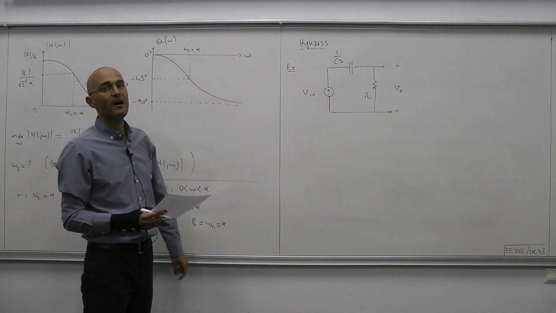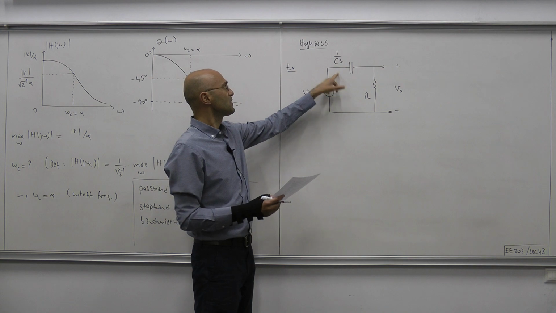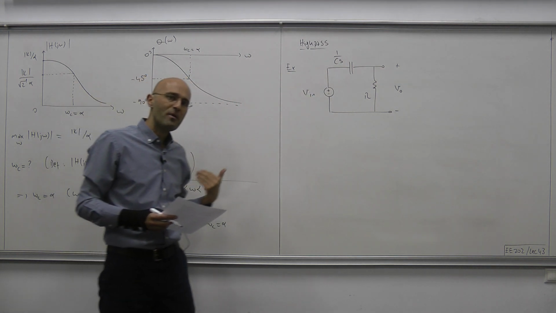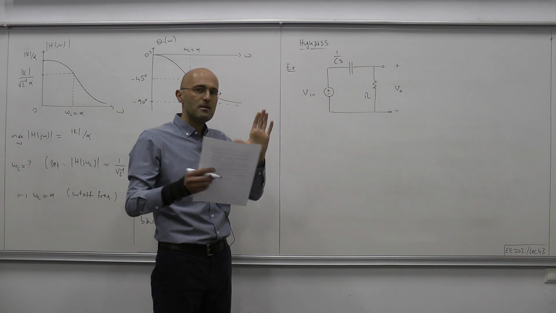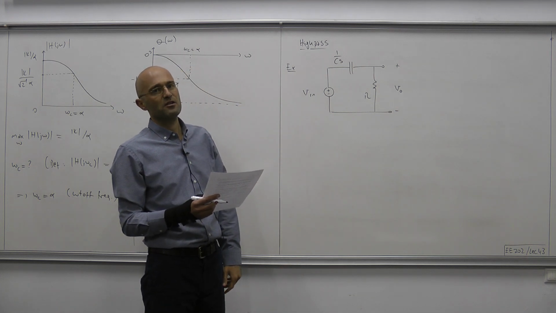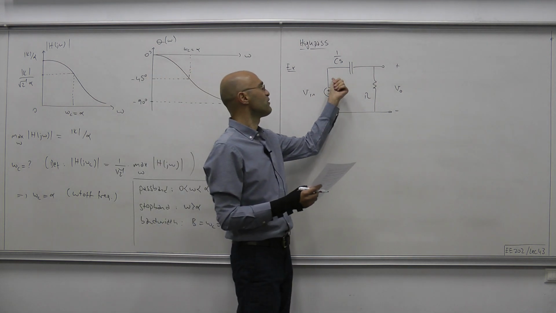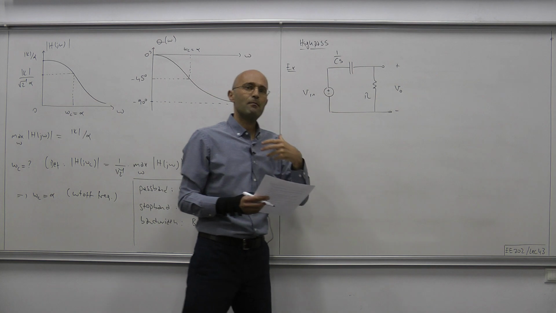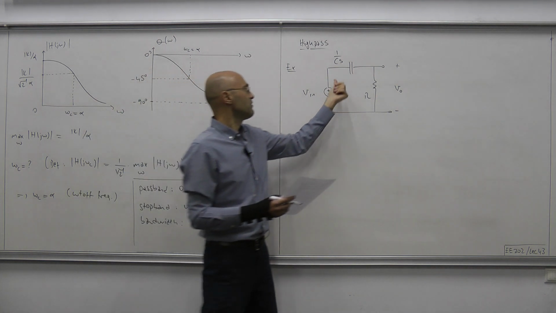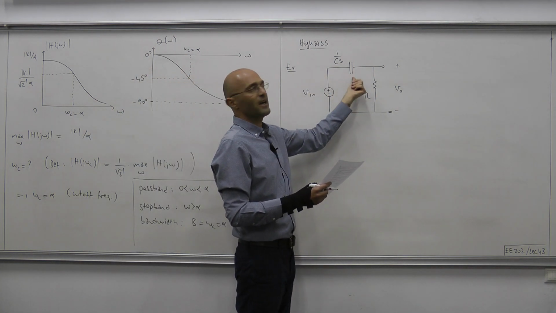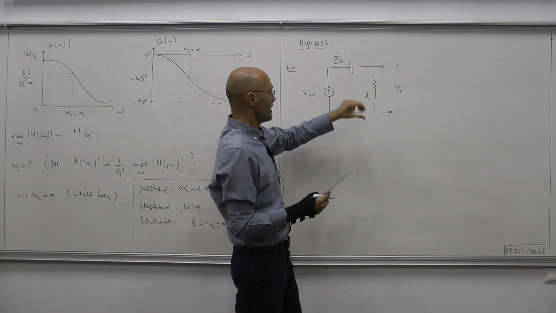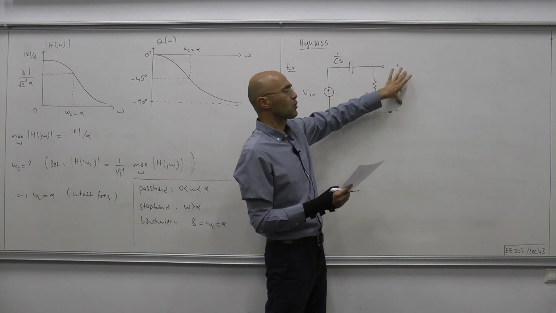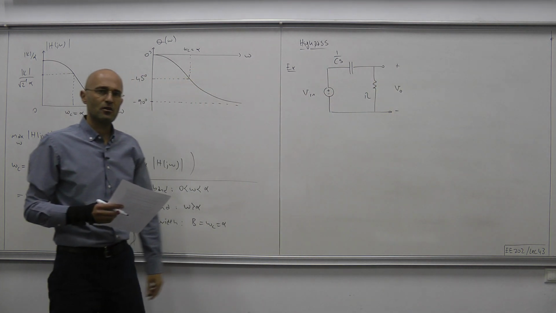Okay, what happens at the high frequencies? The impedance of the capacitor is 1 over j omega C. As you increase omega further and further, the magnitude of the impedance becomes smaller and smaller. So at very high frequencies, the capacitor can be approximated as a short circuit. If it's almost like a short circuit, most of the input voltage will appear across the terminals of the resistor.